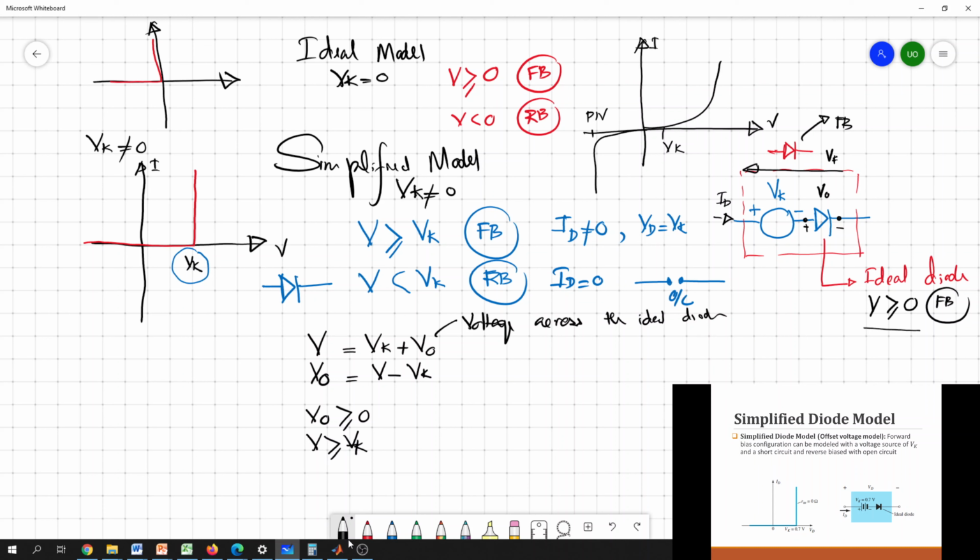V minus Vk should be greater than or equal to 0, then V should be greater than or equal to Vk.